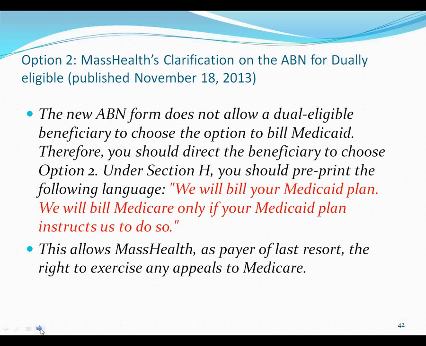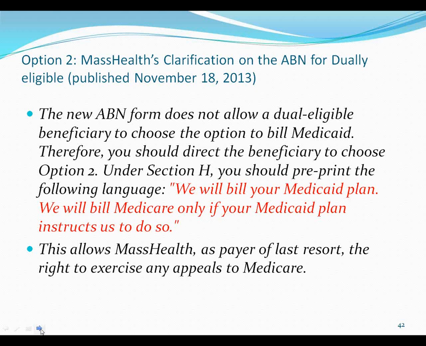The new ABN form does not allow a dual eligible beneficiary to choose the option to bill Medicaid. And it doesn't. It doesn't say it anywhere. Therefore, you should direct the beneficiary to choose option 2. Under Section H, which is the additional information section, you should pre-print the following language.